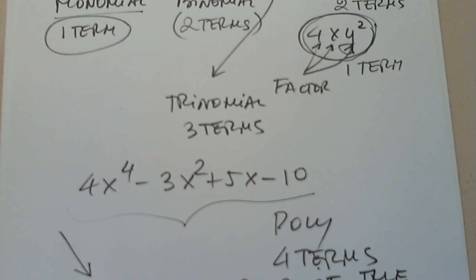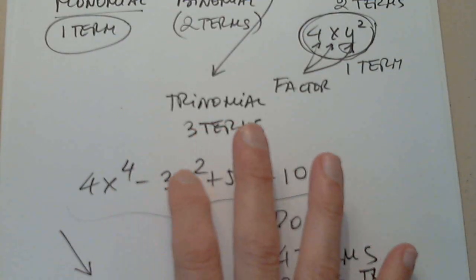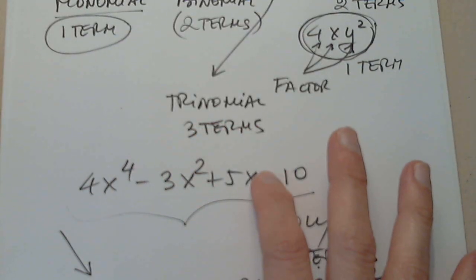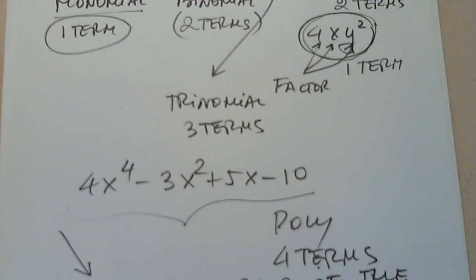Is it true that this polynomial is arranged in descending order of the powers of the variable? Yes, it is. Power 4, power 2, power 1, and power 0 for x.